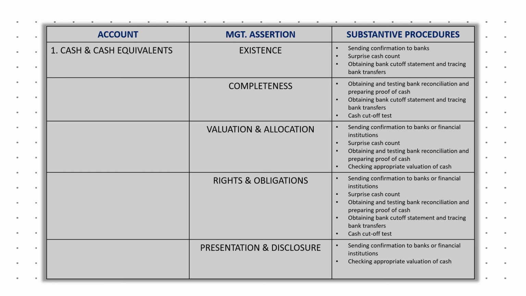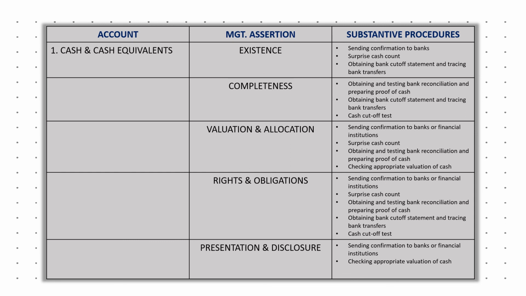Also, every assertion may mga procedures na gagawin. Like sa existence, the first step that we will do sa substantive procedure is the sending confirmation to banks. It's just to verify or clarify the existence of the bank accounts.